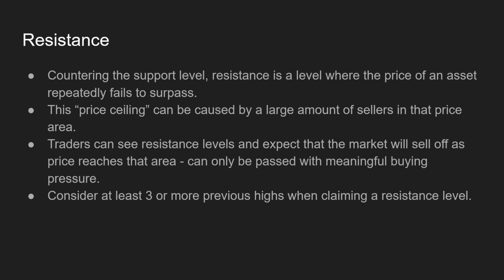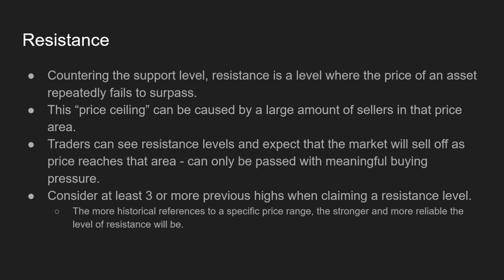And that's what we can say, yes, that's a significant resistance level compared to other levels that may just be made up of maybe 1 or maybe 2 highs at the same level, which is not necessarily as supported as something that might have 3, 4, 5 instances of price failing to surpass it. Once again, the more historical references to a specific price range, the stronger and more reliable the level of resistance will be.